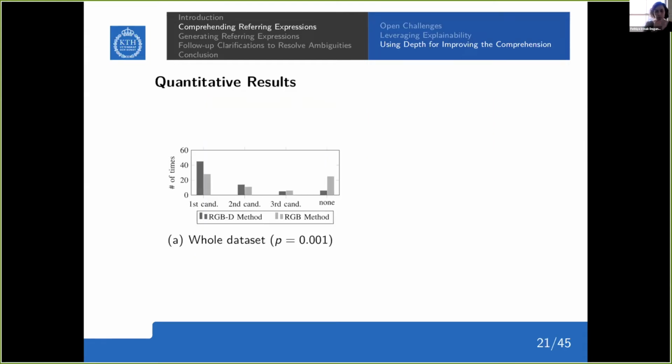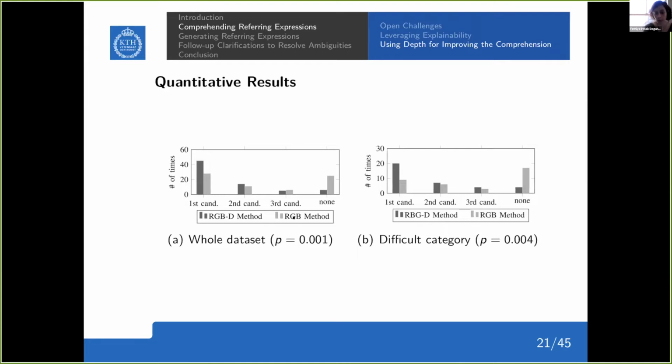Let's see. In our results, we have shown that in our whole evaluation dataset containing depth-dependent and independent features, using the depth improves the performance. So the RGBD method with the depth features could find the target object in its first, second, and third candidate more often than the RGB method without depth features.